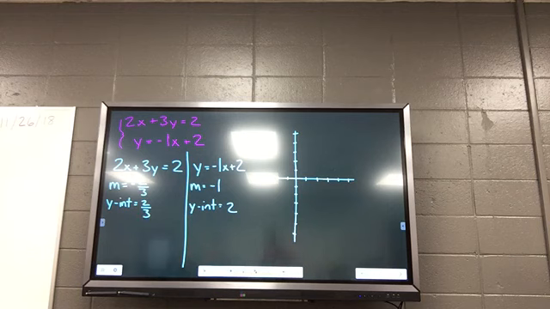Check it. Close. When it says to go down 2, you'll go down 1, down 2. So you're off the line and then over 3.